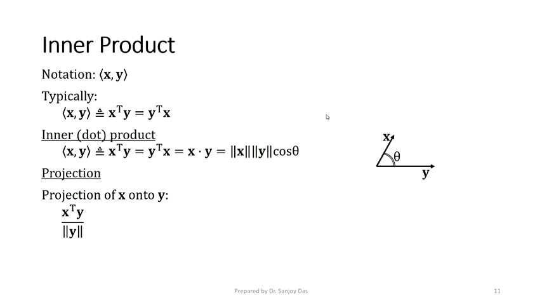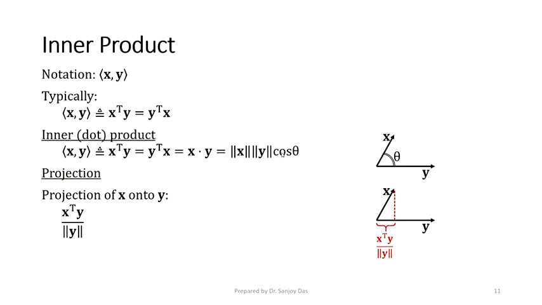Projection. So I have two vectors, x and y. I want to find the projection of x along y. Okay. That's given by this. X transpose y, the length of the projection. This is x. So x transpose y is xy. You see this, right?